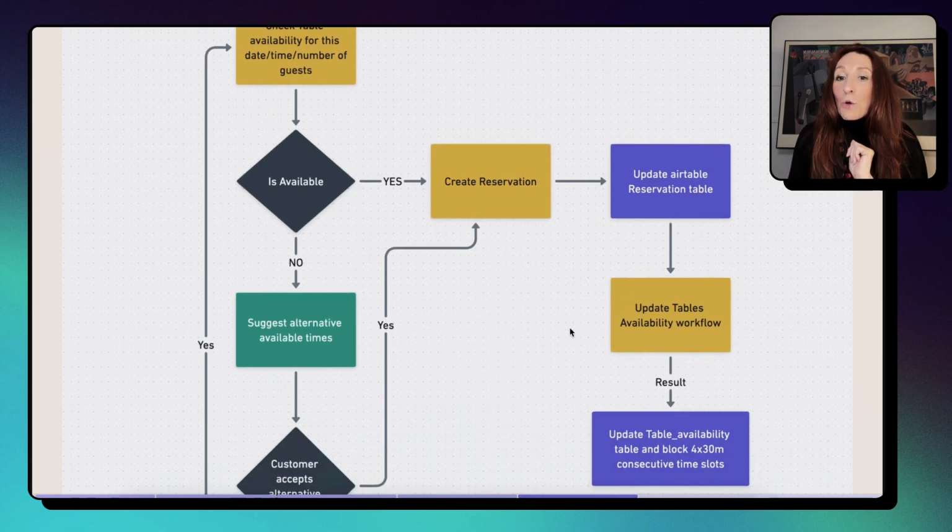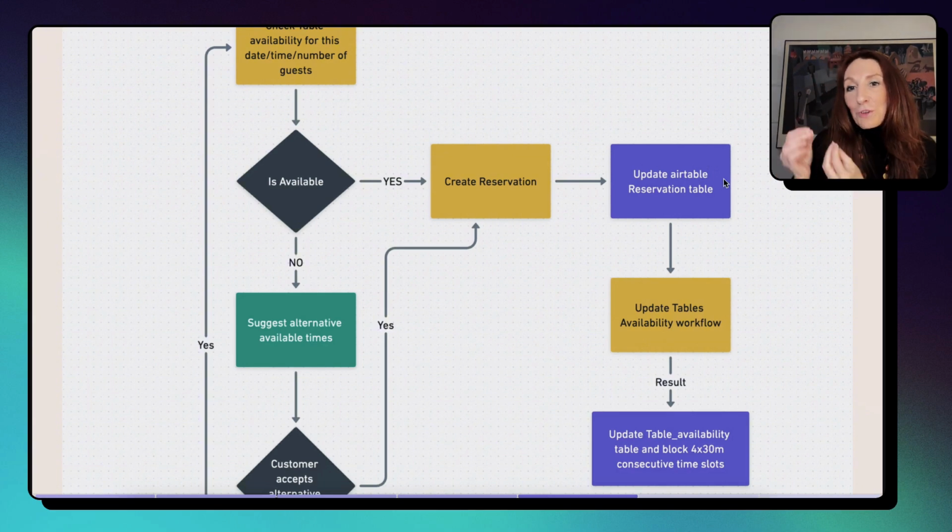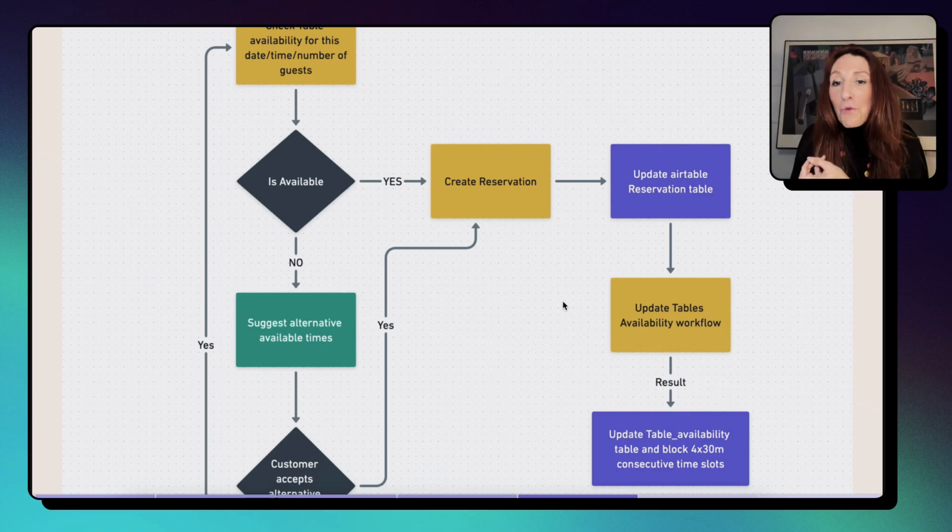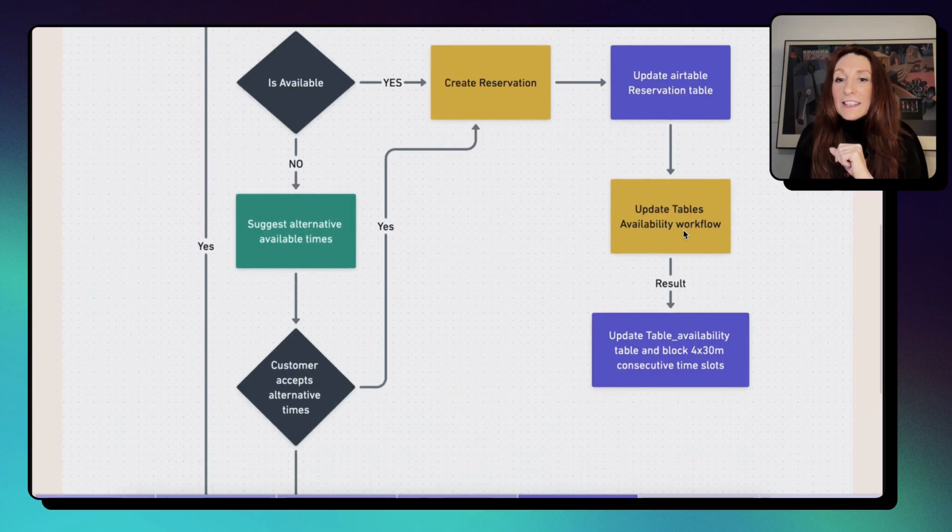Then, as soon as Airtable has changes in its reservation table, we have another workflow in N8N that is triggered and that will update the table availability. And then the result will update the table availability in Airtable.